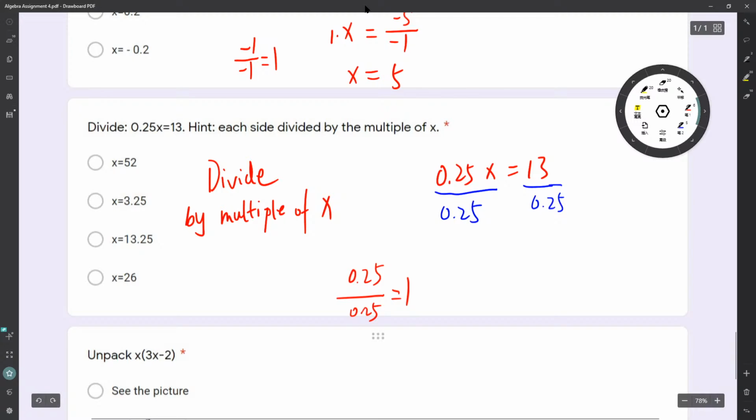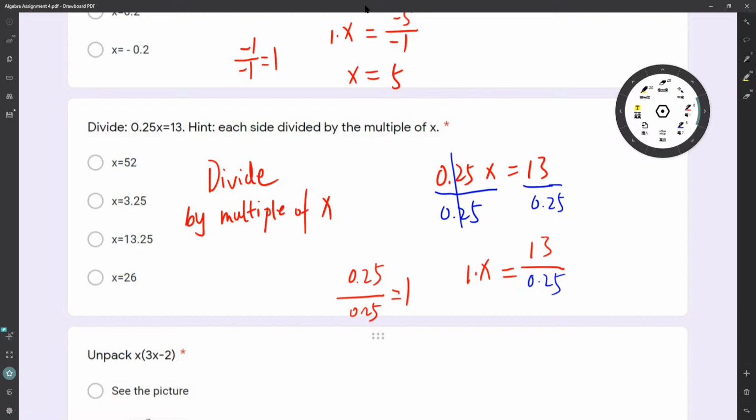Therefore, this will give you 1 times x equals 13 divided by 0.25. 1 times x. This is what we want.